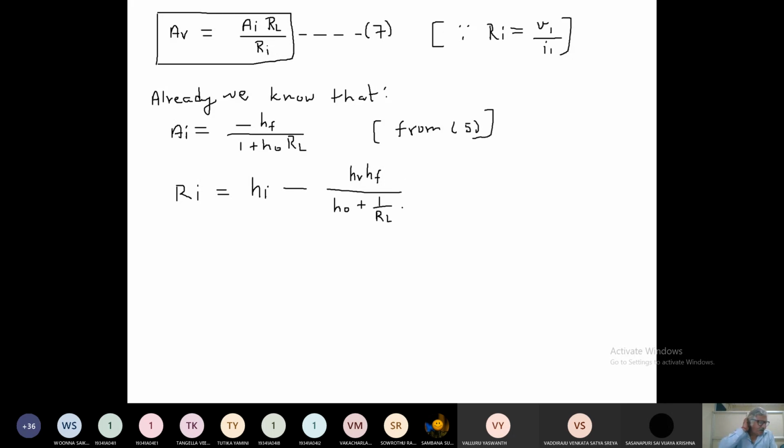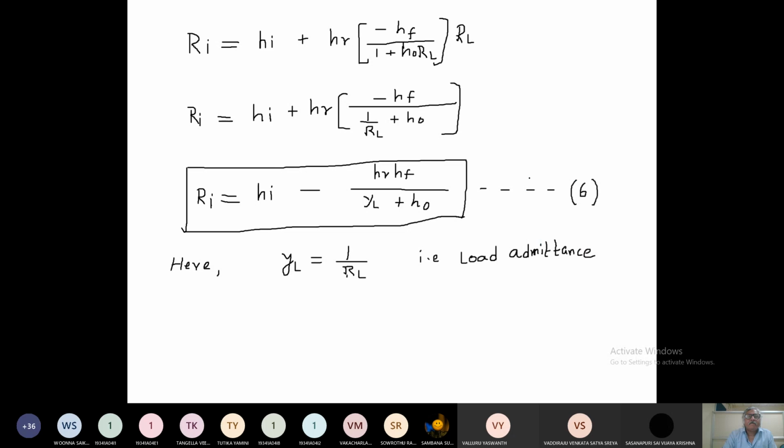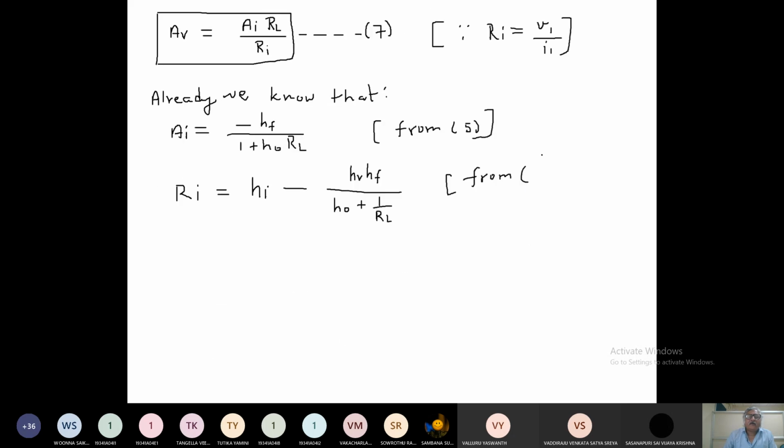In terms of resistance, I have written this 1 by RL, or you can write 1 by this impedance also. So this we got from which equation? From 6. In 6, in place of YL, we have simply written there 1 by RL. Now these values we will put in this 7th equation, right?